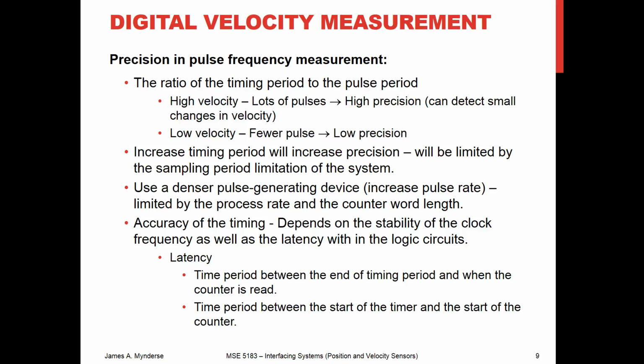We could change the timing period, but that's going to be kind of limiting based on how fast you need your system to run. If you're using this to do closed-loop control, then you know that you're going to set a sampling rate that's going to be dependent on the system dynamics, and so it may not be a good idea to change the timing period, because that's going to screw with your sampling rate.